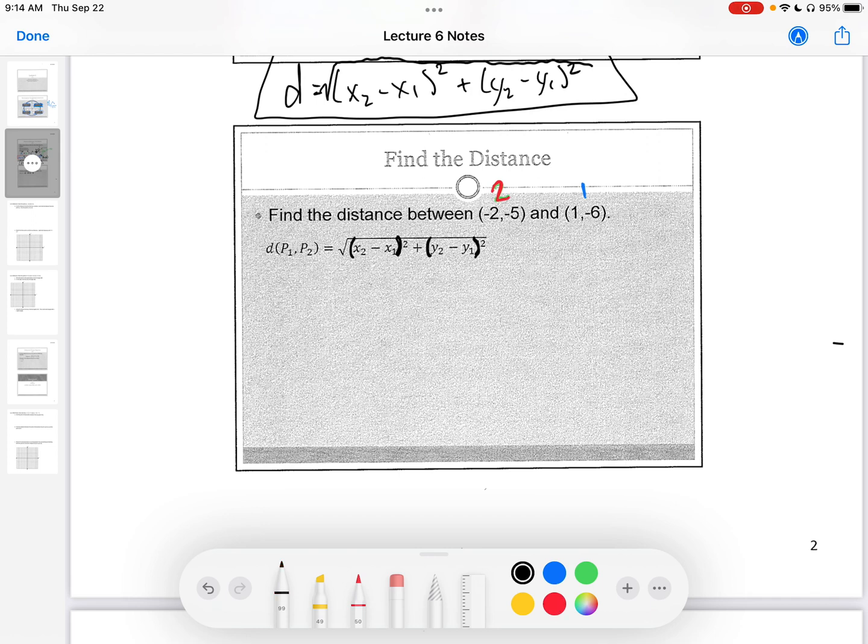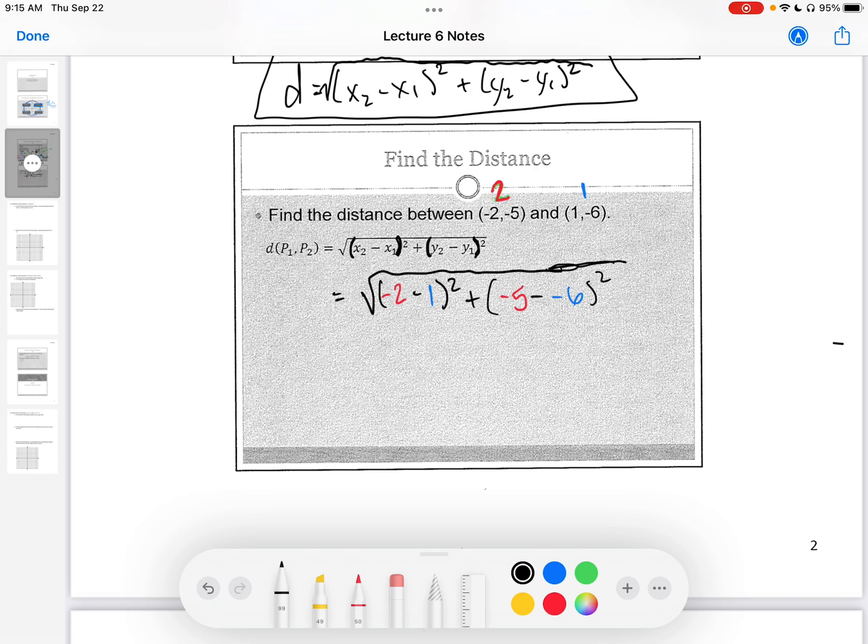Okay, so I'm going to fill this out. My x sub 2 would be negative 2 minus my x sub 1, which would be 1. So I've got negative 2 minus 1 squared plus my y sub 2, which would be negative 5, minus my y sub 1, which would be negative 6, squared, and that's all underneath my square root.